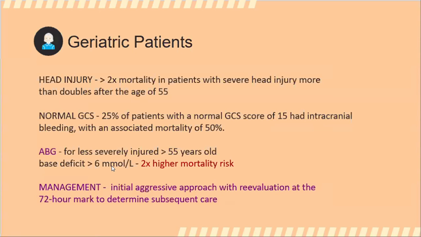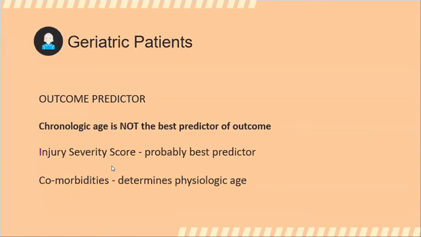So pag mabilis yung velocity ng head during an accident, there's an increased risk for tearing ng mga veins na yun. So outcome predictor: chronologic age is not the best predictor of outcome. The best predictor is your injury severity score.